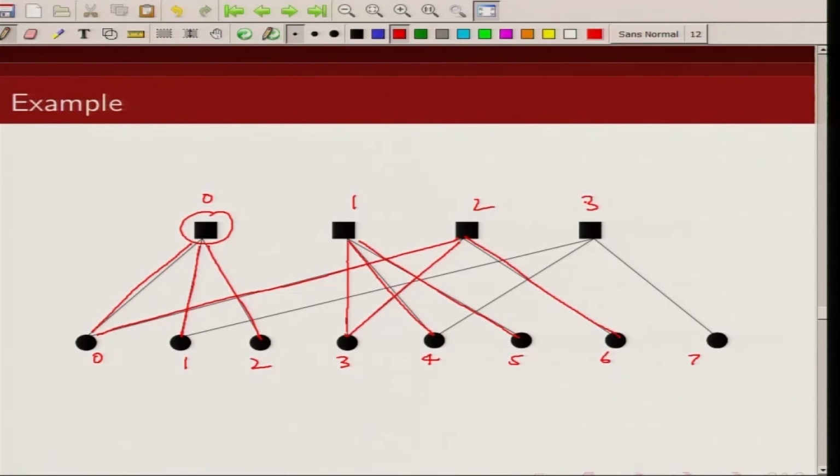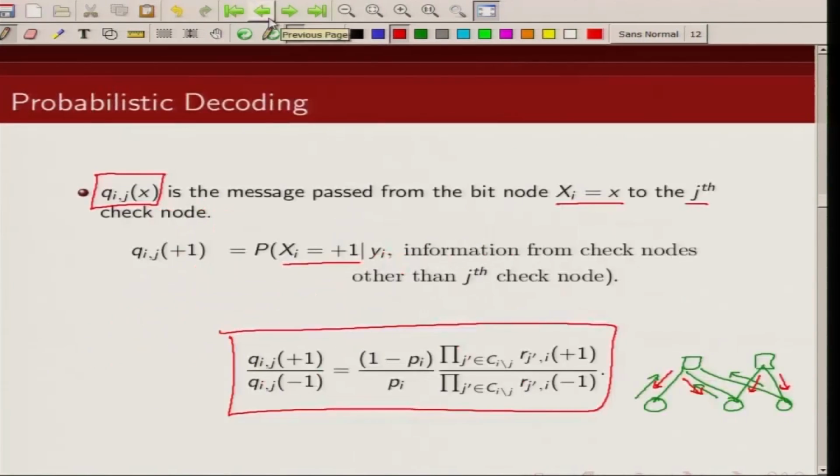So, you will compute Q00. Qij is the message passed from the ith node to the jth check node, right. So, you need to compute the Qij's in this particular example.